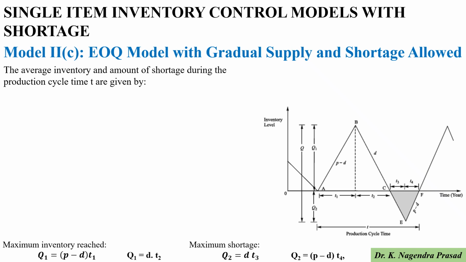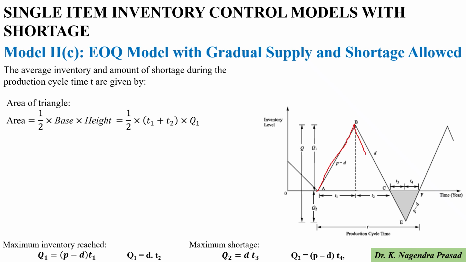Next we determine the average inventory and the amount of shortage during the production cycle time T. First we have to calculate the area of the triangle ABC, where the positive inventory is maintained. The area equals half into base into height.